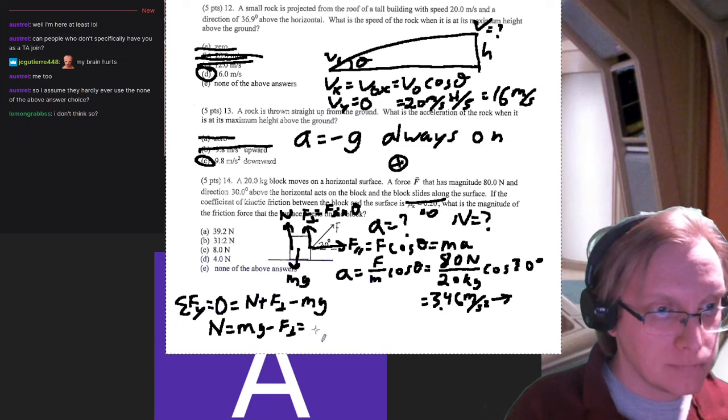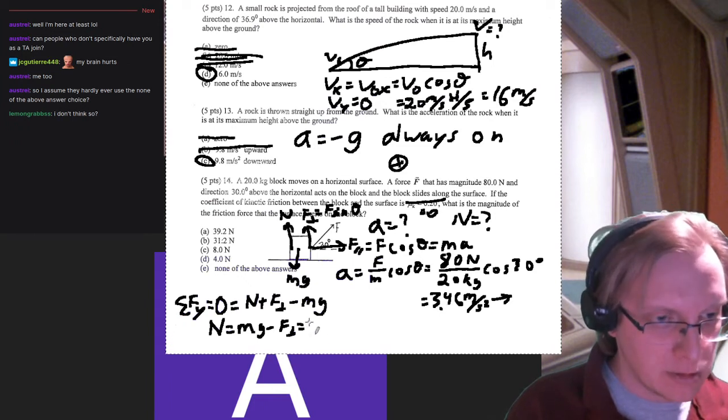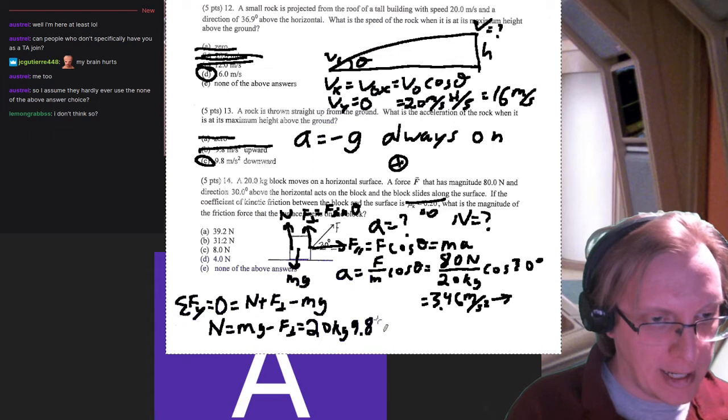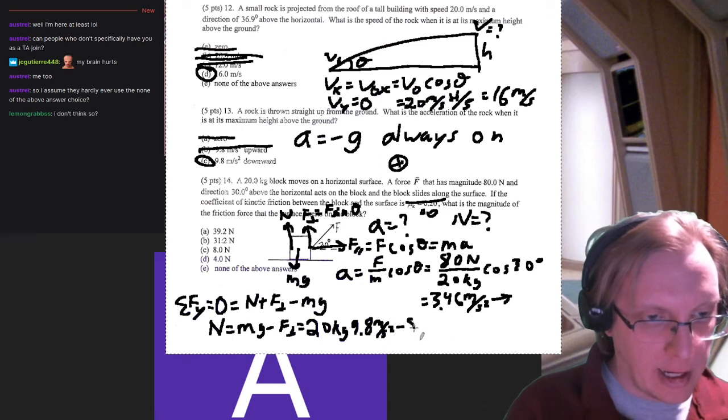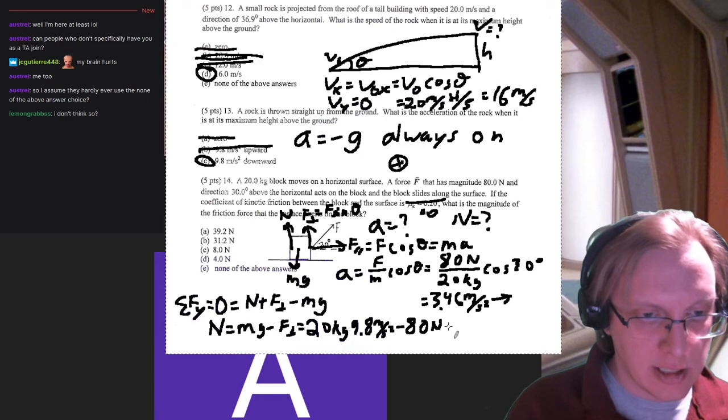Mg is 20 kilos times 9.8 meters per second squared, minus 80 newtons sine 30 degrees.